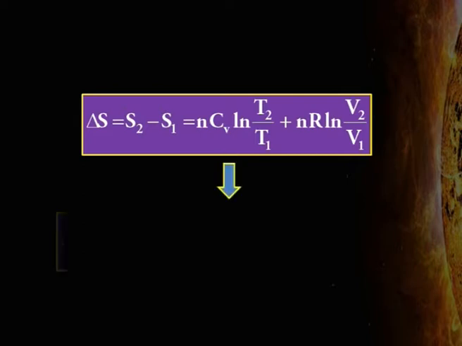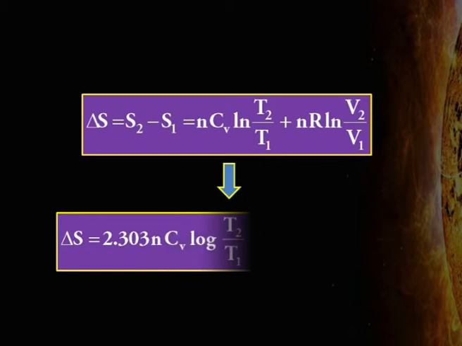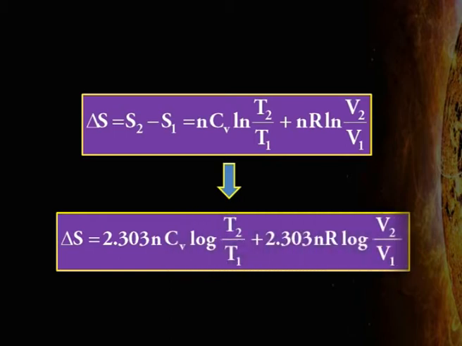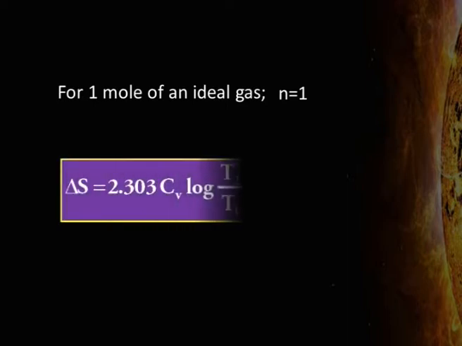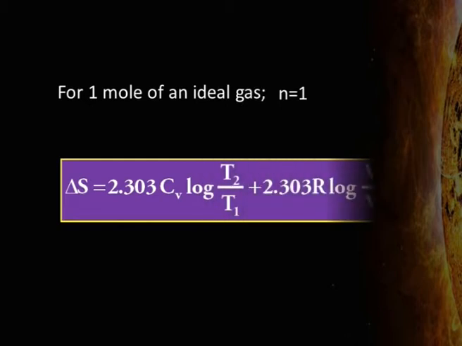Or we can say that delta S is equal to 2.303 nCv log of T2 divided by T1 plus 2.303 nR log of V2 divided by V1. For 1 mole of an ideal gas, n will be equal to 1 and we will get delta S equal to 2.303 Cv log of T2 divided by T1 plus 2.303 R log of V2 divided by V1.